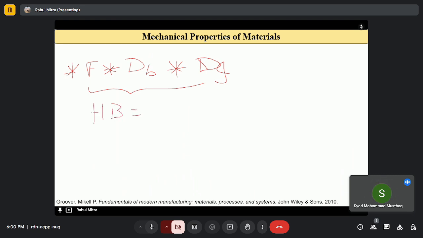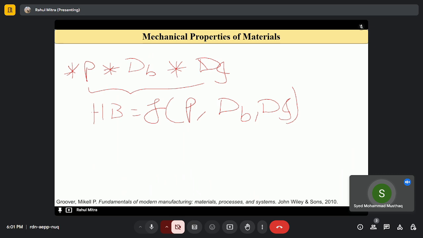So it is a function of my load P, the diameter of the ball or indenter, and the diameter of the indentation. Okay, so these are the three things. The resulting hardness number has units of kg per mm square, so it is normally given in terms of a number.